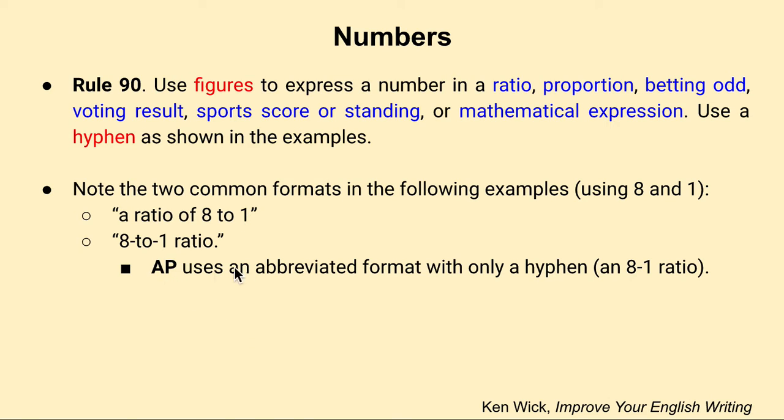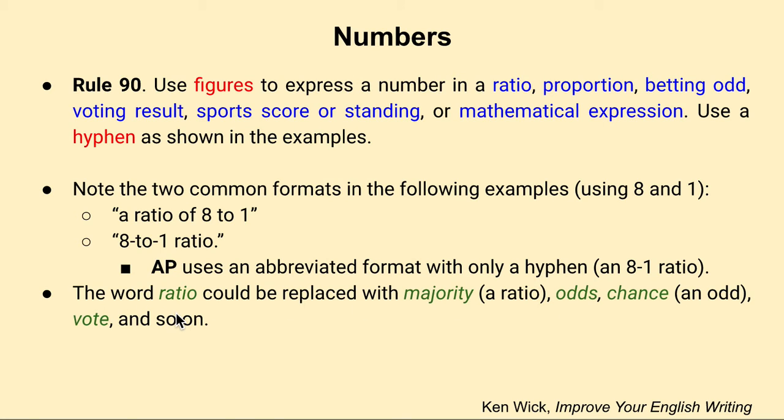But the AP abbreviates this 8-to-1 format with only a hyphen. So it would write 8-1. It does not include the word to. And of course, one less hyphen. Remember I always say newspaper style is about conserving space. So it's just going to shorten this whole thing, 8-to-1, as 8-1.